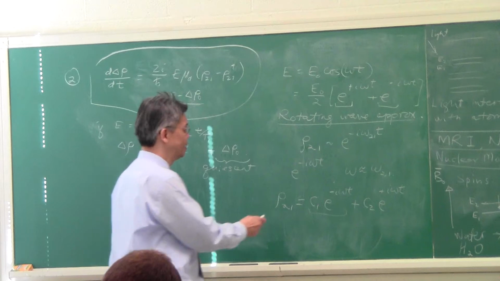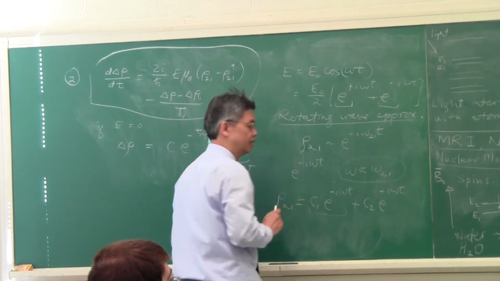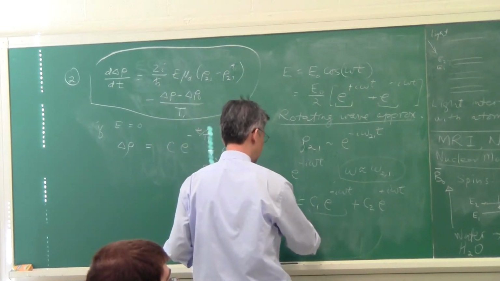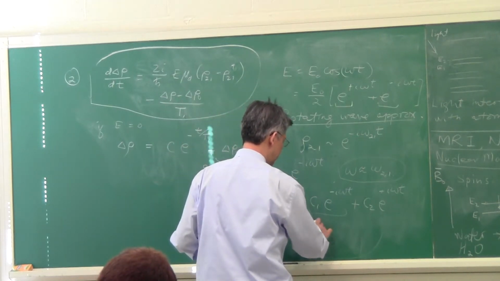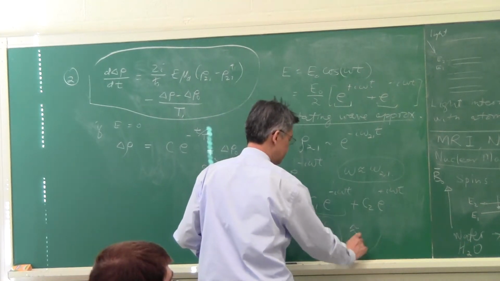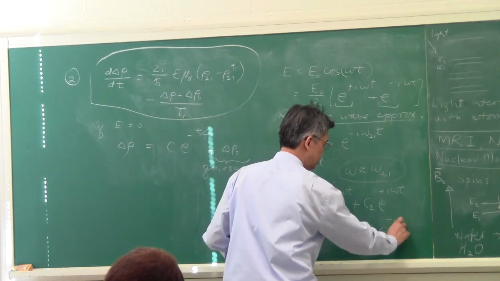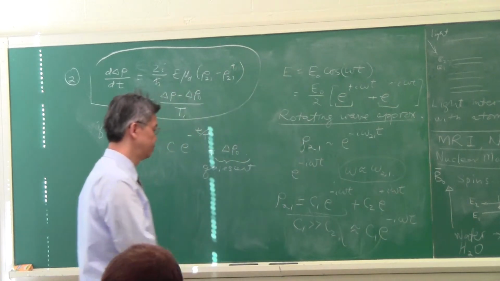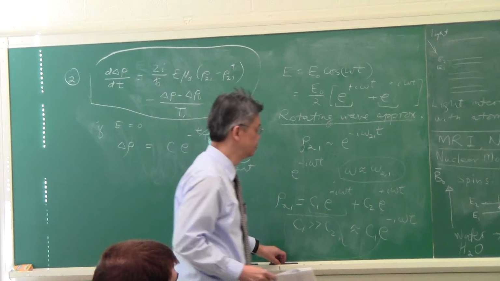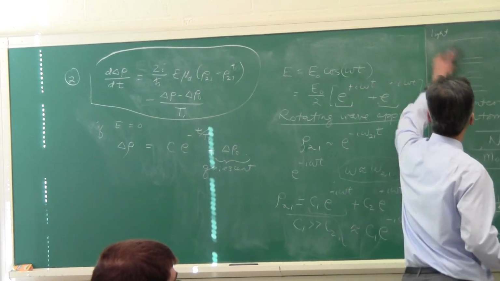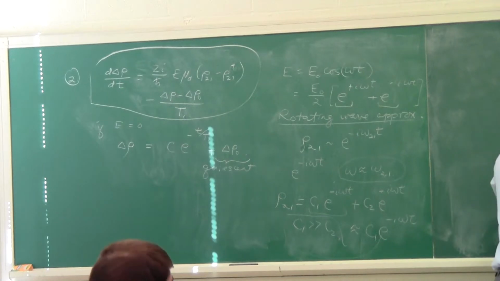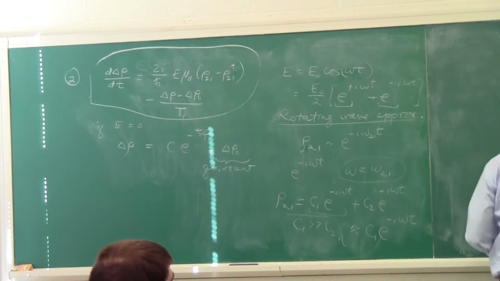Let's assume that omega is in the vicinity of this resonance solution. So we can say that C1 is going to be much, much larger than C2. So this solution is approximately equal to that, if we are working around the resonance solution. This is going to be predominantly what happens.